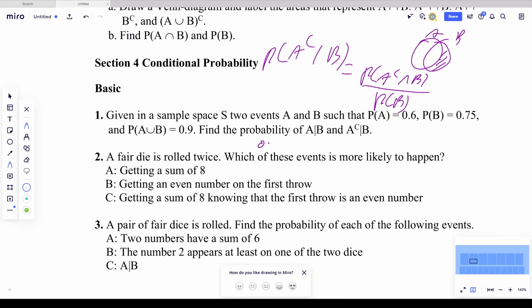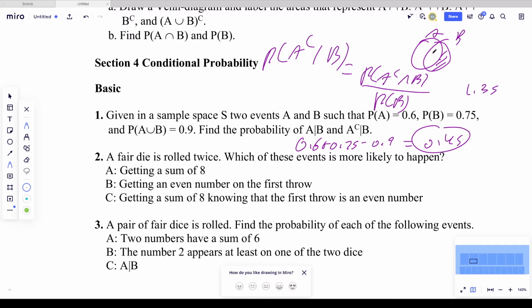So it'll be 0.9 minus 0.6, it'll be 0.6 plus 0.75 minus 0.9, which will be, where's my calculator? Oh, wow, it's not here. Anyways, you just add them up, so 0.6, 0.75, so 1.35 minus 0.9, so 0.45.